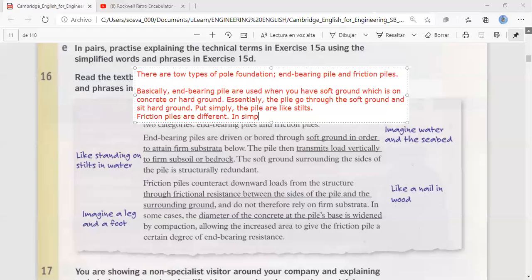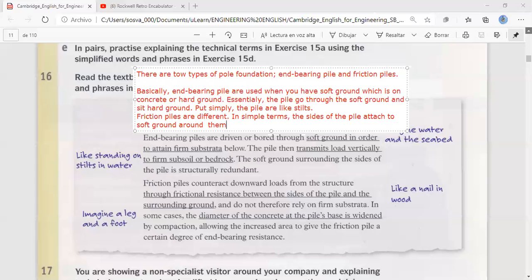So let's make it sound easier. The sides of the pile attach to soft ground around them.